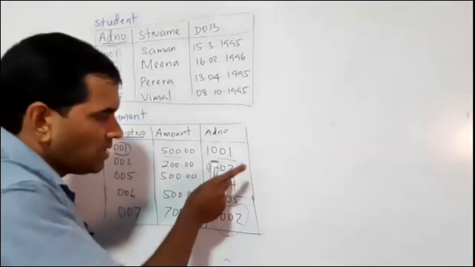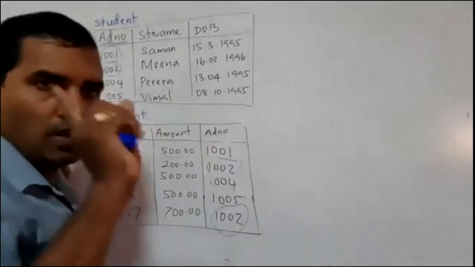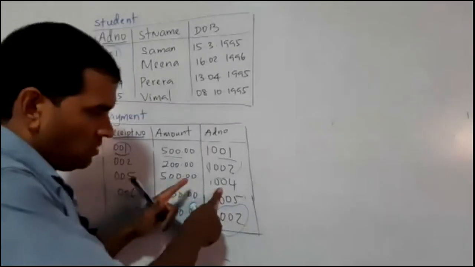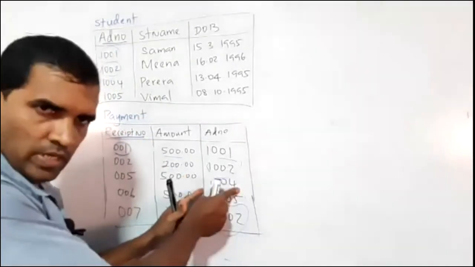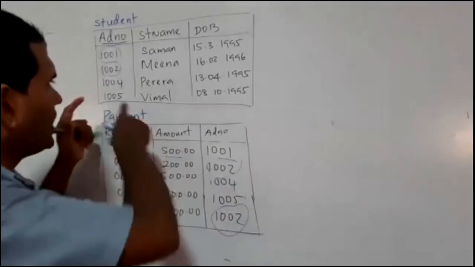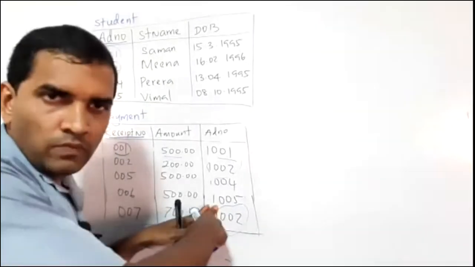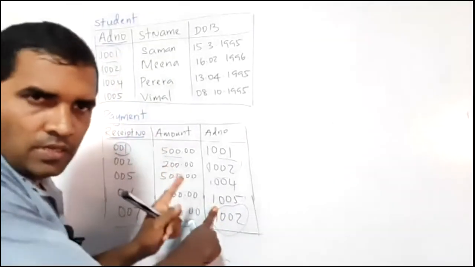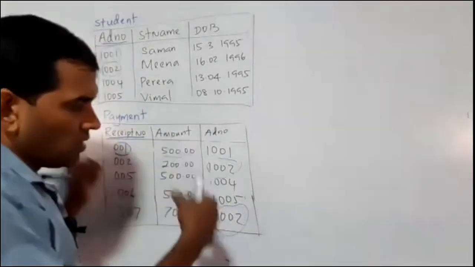Again, one. I take a data there. How many similar data? Only one. Take 1004. A data in this table has only one similar data in the student table. Take 1005. How many 1005s are there? Only one time.